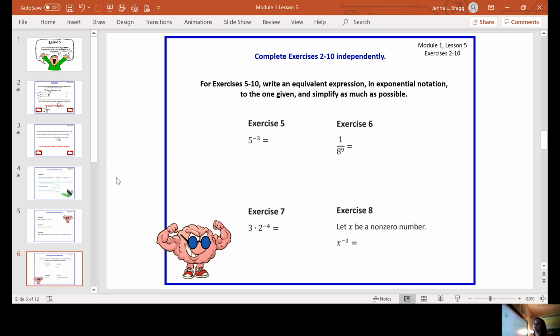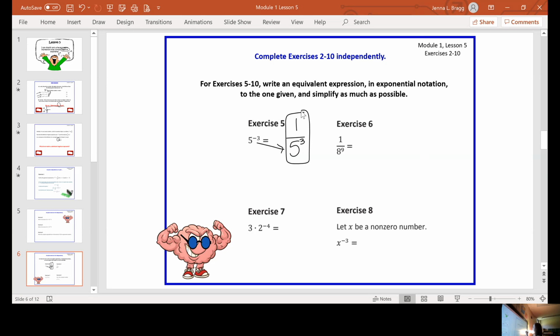Okay, so in exercise 5, let's do this with numbers. I have a negative exponent, so I want to transfer the positive version of that into my denominator. There's no other numbers, so my numerator is a 1. Your equivalent expression is 1 over 5 to the 3rd power.